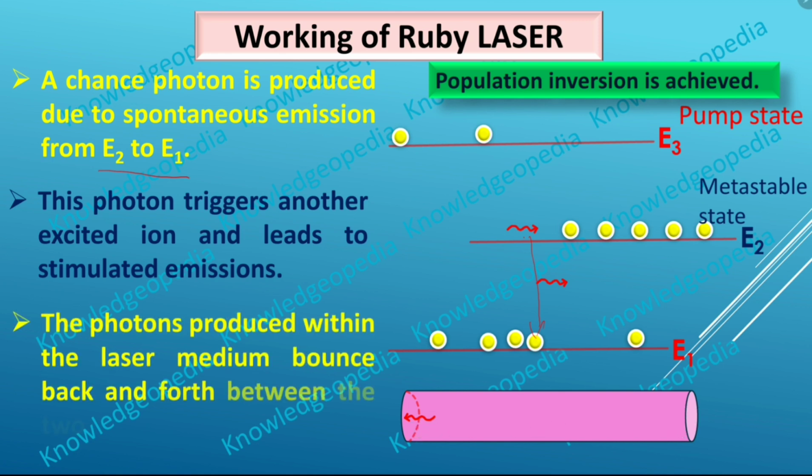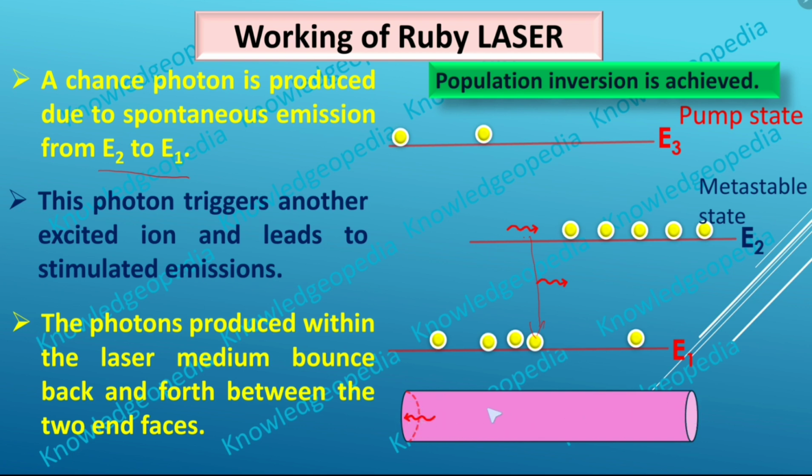So the photons produced within the laser medium bounce back and forth between the two end faces. Whatever photons are produced within this ruby rod, they will move inside this rod and bounce back and forth between these two faces.